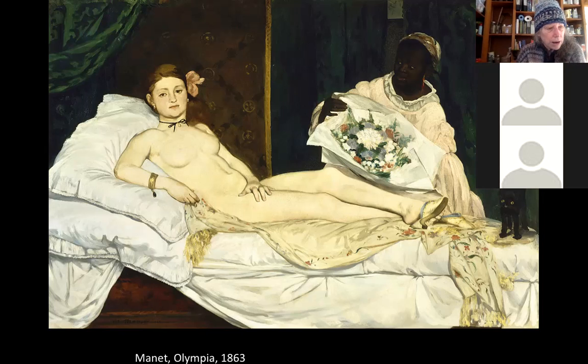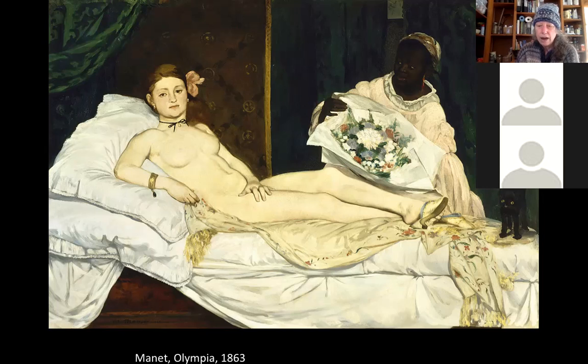All right, so why was this? Again, this is a violation of the tradition of the female nude because this is not Venus. This is basically a high-end prostitute. And any Parisian viewer would understand that.